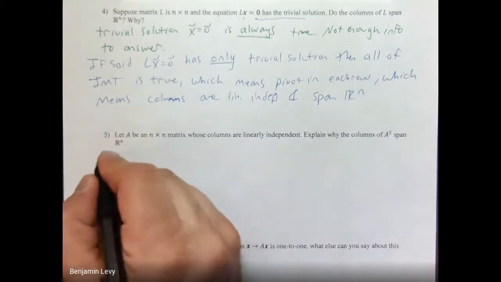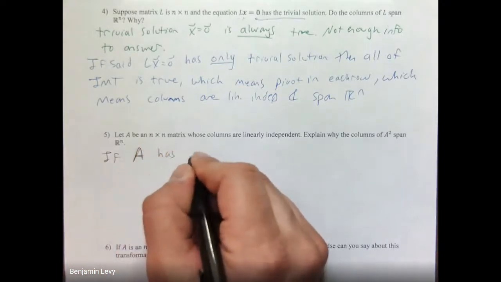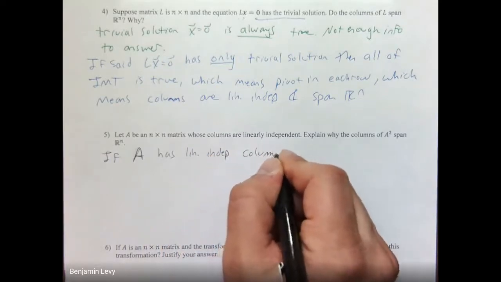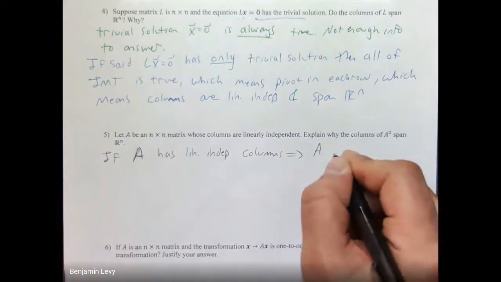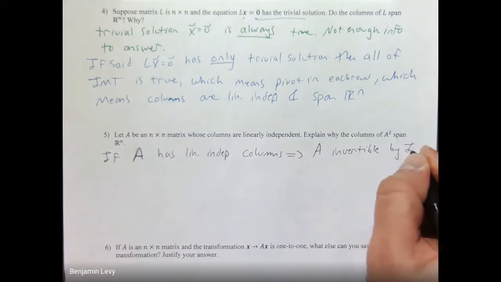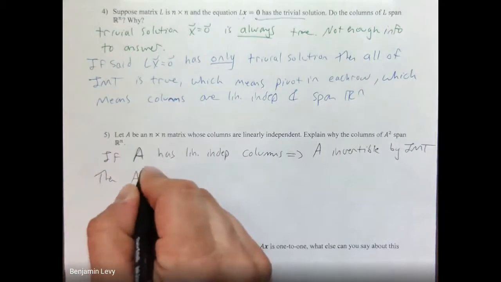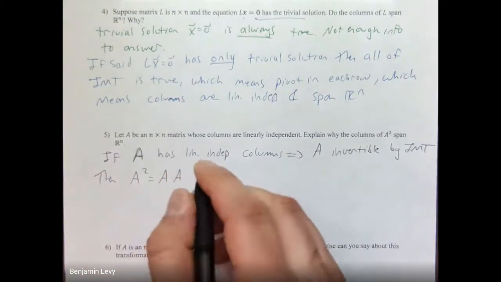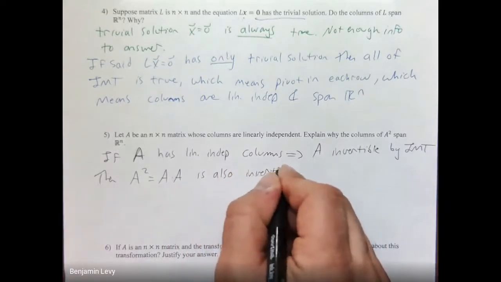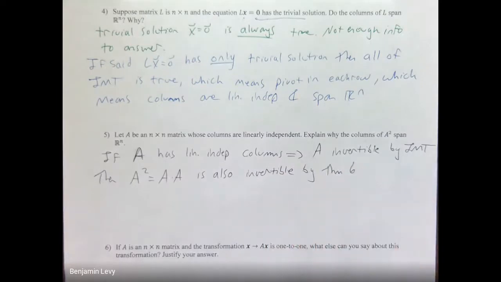So the idea here is if A has linearly independent columns, that means A is invertible by the IMT. And if we know then A is invertible, then A squared, which is A times A, is also invertible. In particular by theorem 6 from the inverse section.